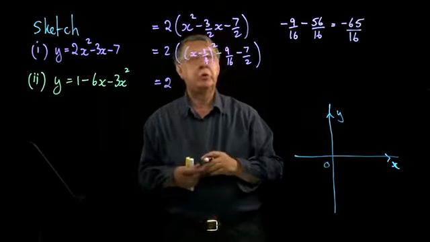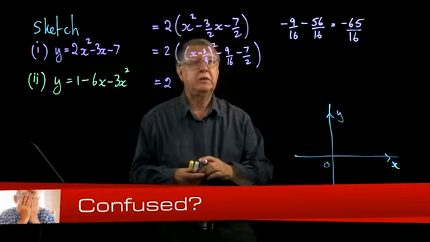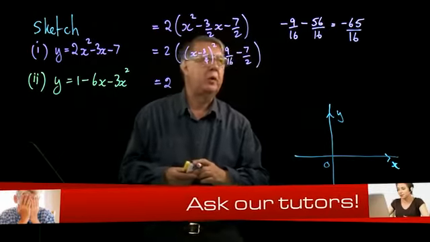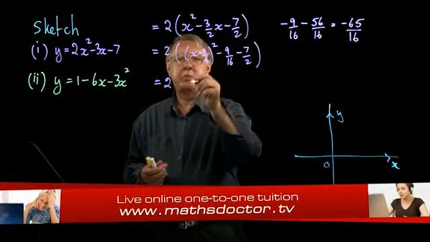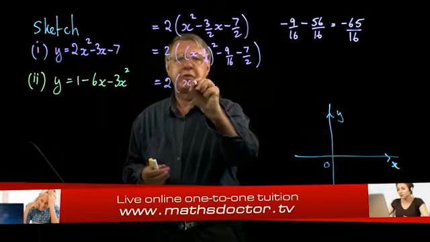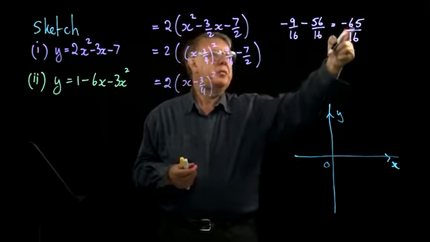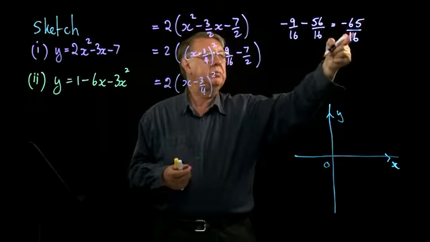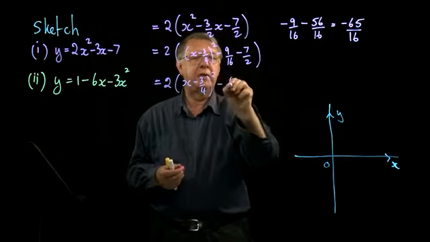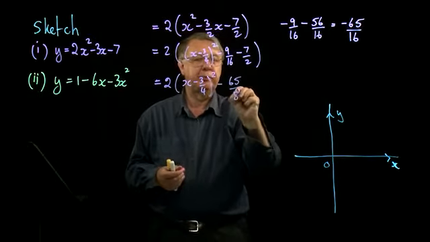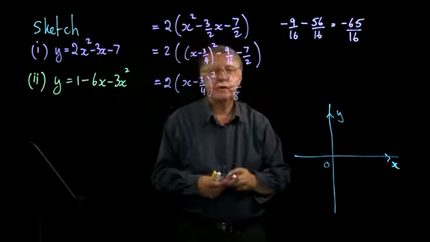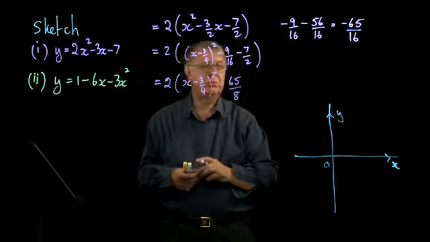Remember, you probably haven't got a calculator in this exam. So when I multiply the 2 out, I have 2x minus 3/4 squared. I'm going to multiply that by 2, which makes the bottom line 8. So that's completed the square.